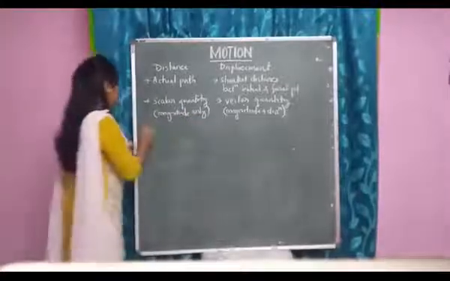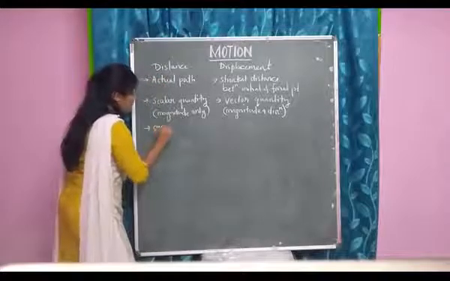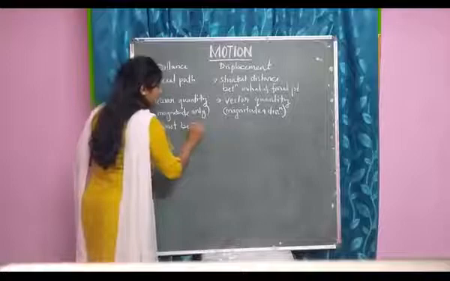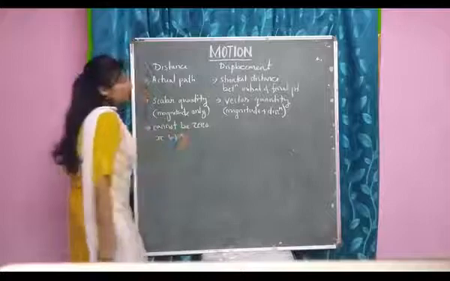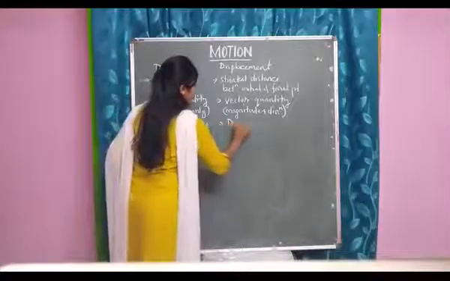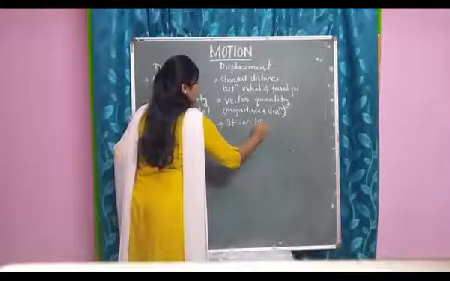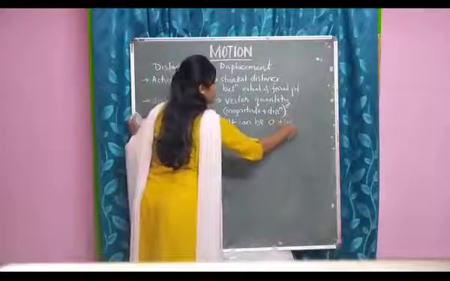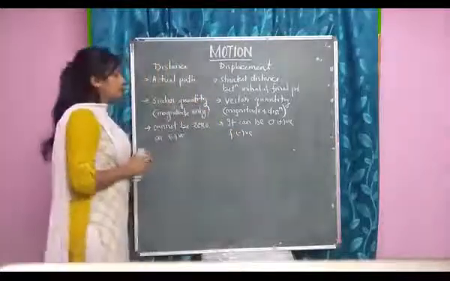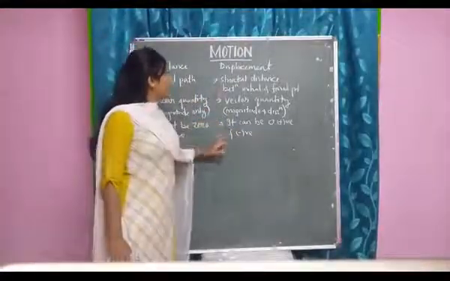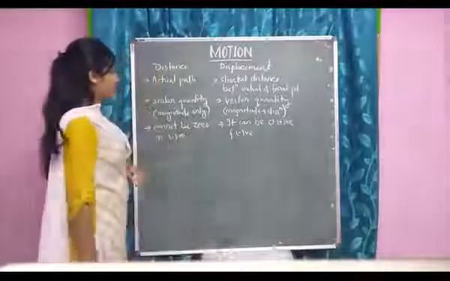The third difference is distance cannot be 0 or negative, whereas displacement can be 0, positive, and negative. So let us discuss this vector quantity and how displacement can be 0, positive and negative.